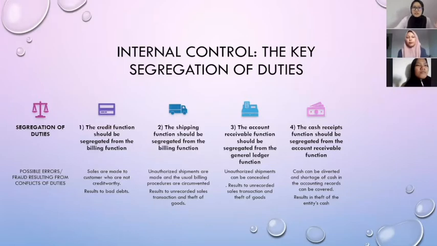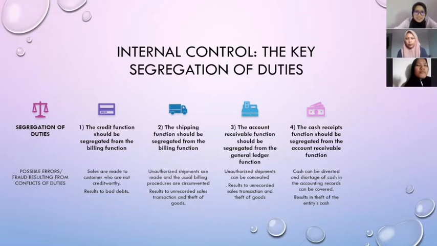For example, if one individual has the ability to grant credit, then it must be separated from the one who has the billing function, because it is possible for sales to be made to customers who are not credit worthy if they are the same person. We need to avoid this situation because it can lead to bad debts if the customer cannot pay for their goods or services.